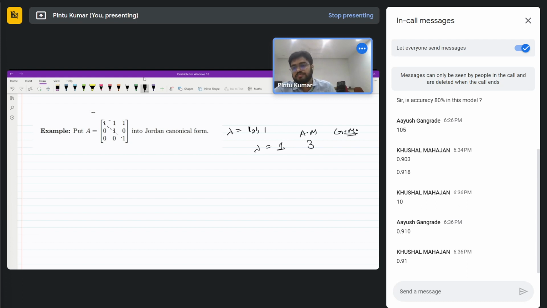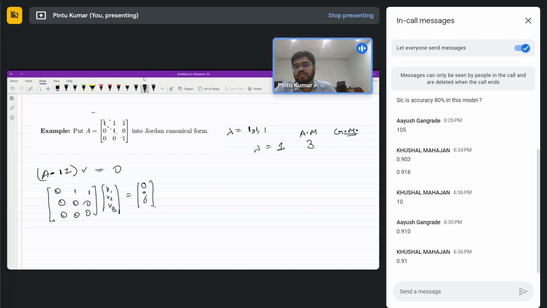So (A minus 1 times I) V equal to 0. This is the matrix 0 1 1, 0 0 0, 0 0 0, times V1 V2 V3, equal to 0 0 0.